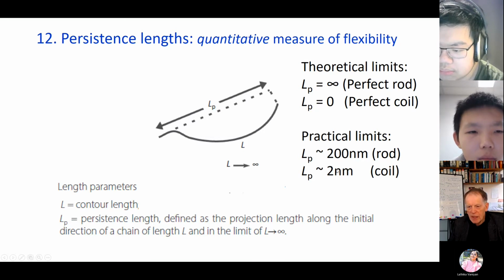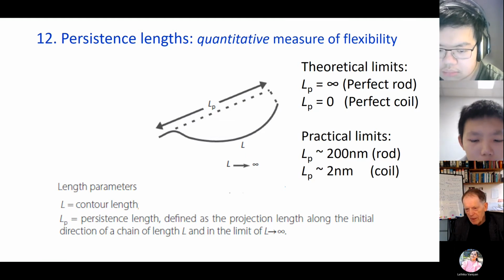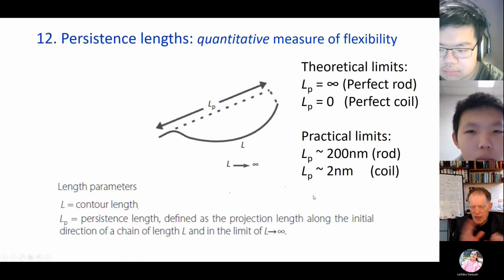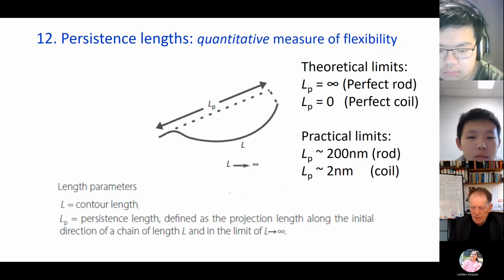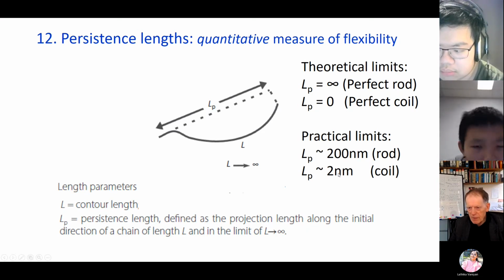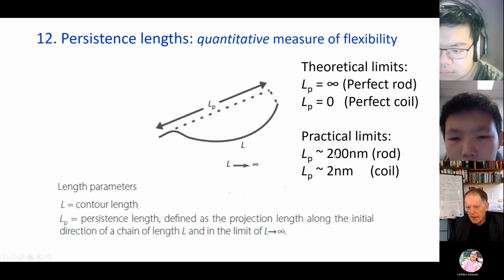And the values in between depend on the degree of flexibility. So this persistence length value will give you a quantitative measure of the flexibility of a molecule, with numbers down here very flexible, and numbers up here very rigid.